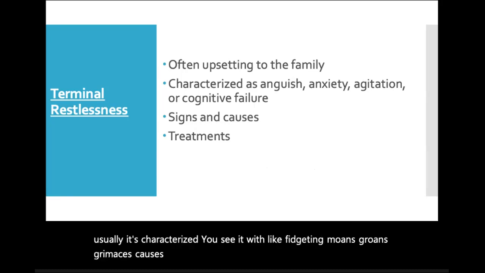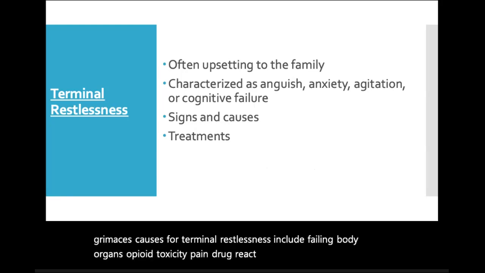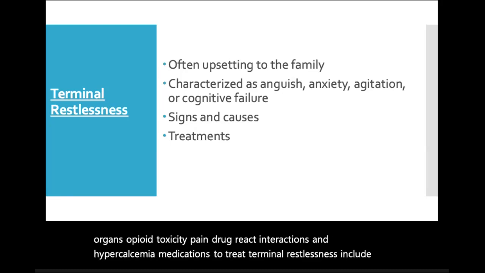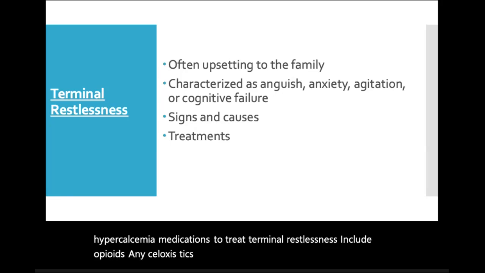Causes for terminal restlessness include failing body organs, opioid toxicity, pain, drug interactions, and hypercalcemia. Medications to treat terminal restlessness include opioids, antihypnotics, antidepressants, antipsychotics, antiepileptics, and NSAIDs and steroids.